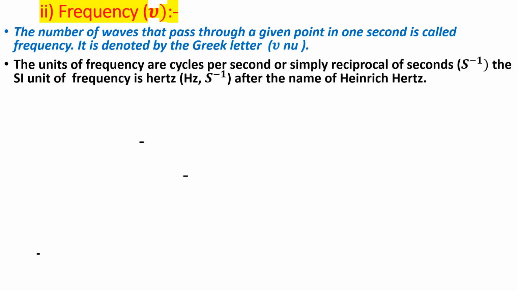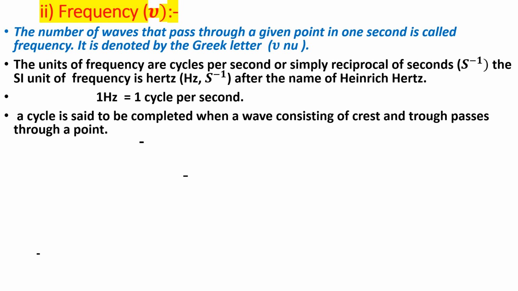The unit of frequency is cycle per second, or simply reciprocal of seconds. The SI unit of frequency is hertz, that is Hz or s minus 1, after the name of Heinrich Hertz. 1 hertz is equal to 1 cycle per second.